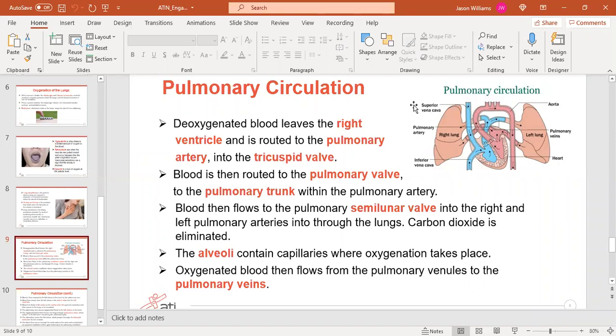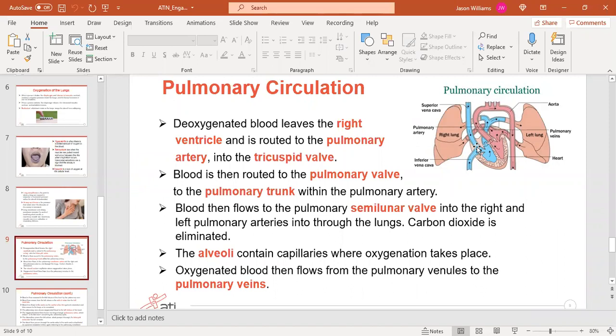So deoxygenated blood, which has no oxygen, travels through the superior vena cava, and then it goes into the right atrium. Once it's in the right atrium, it passes the tricuspid valve, and we know valves constantly open and close, and valves can be defective.